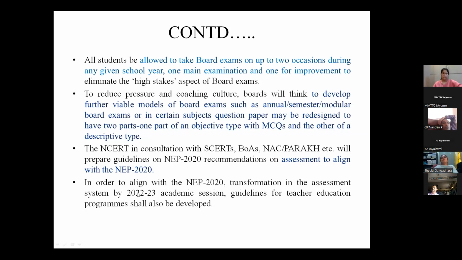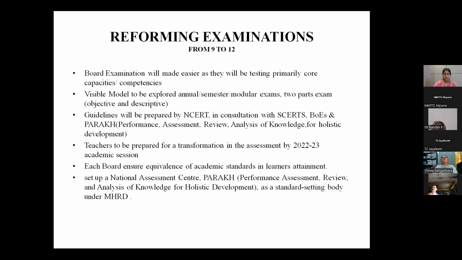Guidelines have also been provided for the teacher education field: if you want transformation in the assessment system by the 22-23 academic session, guidelines for teacher education programs shall also be developed. Okay, so those are the recommendations of NEP with reference to public examination.